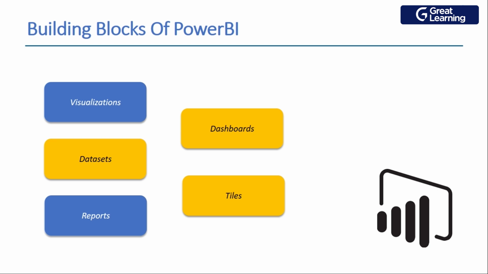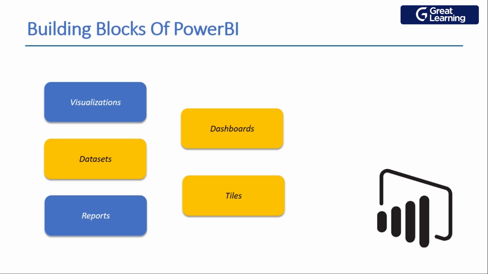And those are your tiles, basically your reports and your dashboards. So let's try and understand them one by one. First in this list, we'll pick up what tiles are. When you talk about tiles, it is a flexible, movable visualization that you can pick up. You can put it in a report, you can put it in a dashboard, and that would convey a single set of information that concerns your requirement.